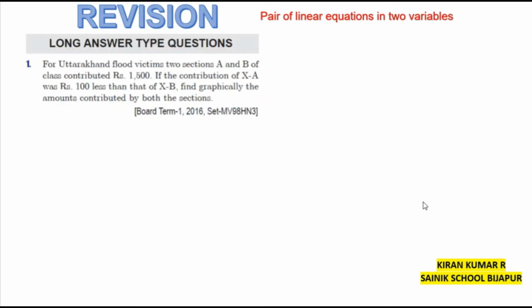Next we have long answer type questions. In that, the first one: for Uttarakhand flood victims, two sections A and B of class 10 contributed rupees 1500. If the contribution of 10th A was rupees 100 less than that of 10th B, find graphically the amounts contributed by both the sections.